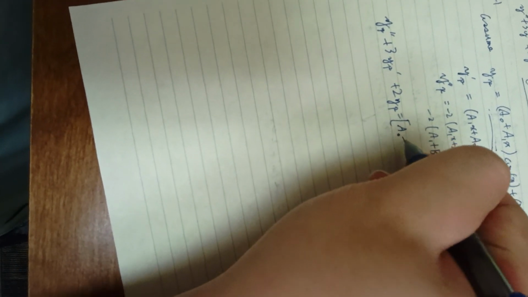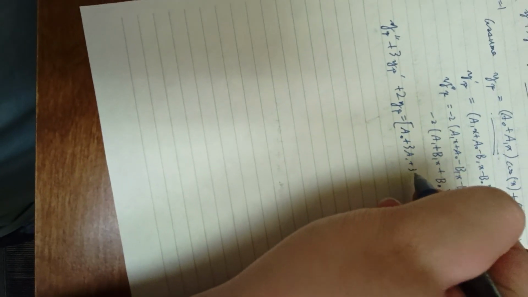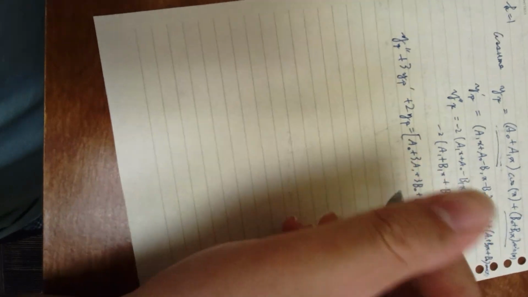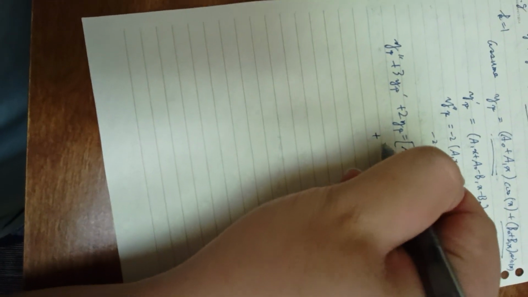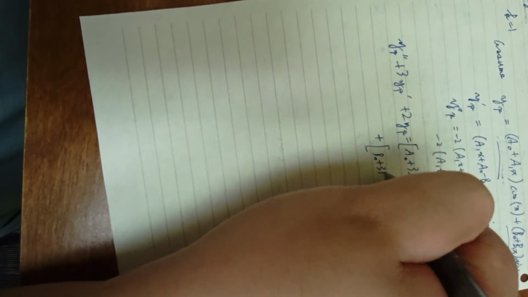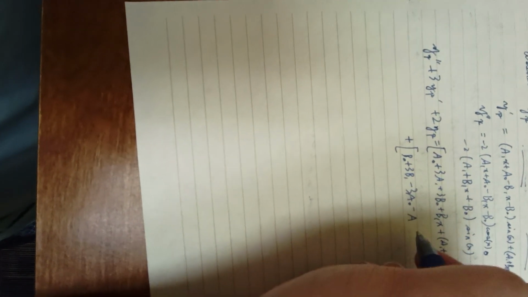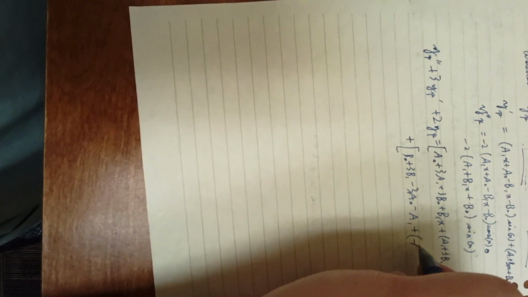It will be (a0 plus 3a1 plus 3b0 plus b1x plus a1 plus 3b1) x cosine x plus (b0 plus 3b1 minus 3a0 minus a1 plus negative a1 x) sine x.